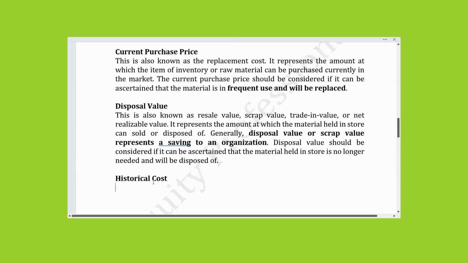I was trying to explain historical costs. All right, so what do you understand by historical cost? Historical cost represents the amount at which the material held in store was purchased previously. All right, let me put it down.